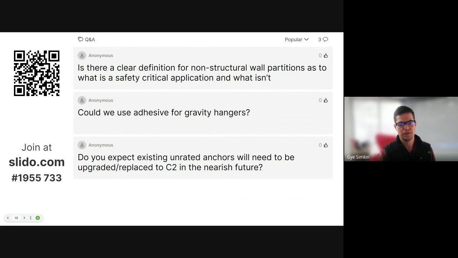So for partitions, the partition designs themselves are an interesting case where it's not as clear cut as ceilings, where you've got a ceiling standard. Partitions are linked in through 1170.5. So I'm not sure what the safety critical application is. That's another one that I will discuss with our engineering team, and we will be able to respond to that one.